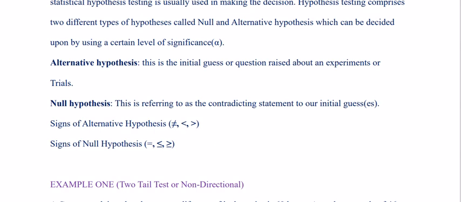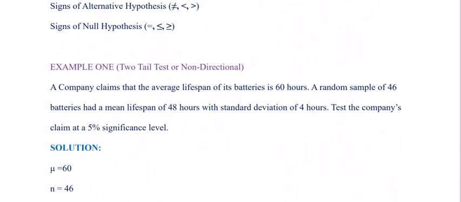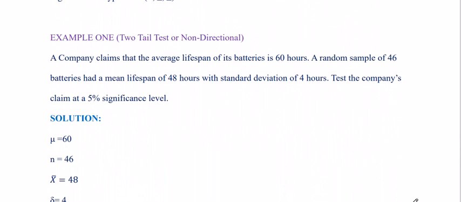on this topic here. Firstly, we are going to deal with the two-tailed test or non-directional hypothesis. From the question here, I will explain why this test is a two-tailed test or non-directional hypothesis.